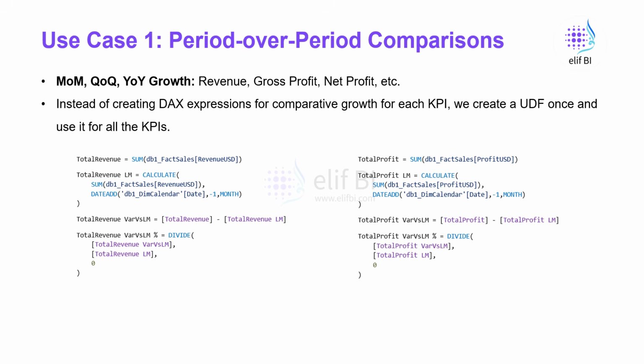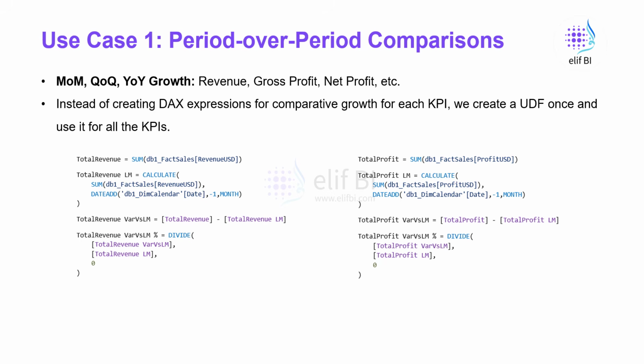So instead of creating DAX expressions for comparative growth for each KPI, what we can do is define a UDF, the core UDF, once, and then we can insert that particular financial or sales metric into that UDF and get the result.